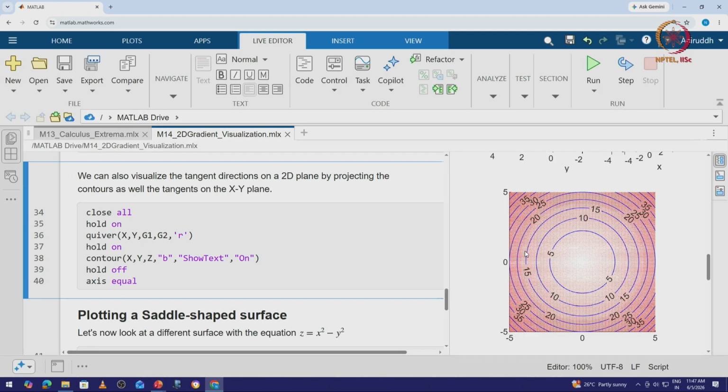Now one way to understand is, if I have z, which is x square plus y square, and I want to find the minimum point of the curve z, then I can observe from the contour plot, the 2D contour plot here, that I should move towards the origin point, right? Even if I start from, let's say, 35, I should navigate towards a point which enters into the circle of 5, right?